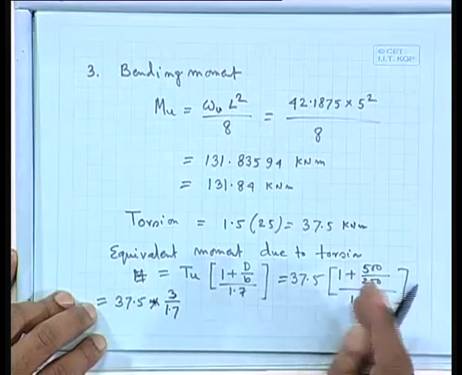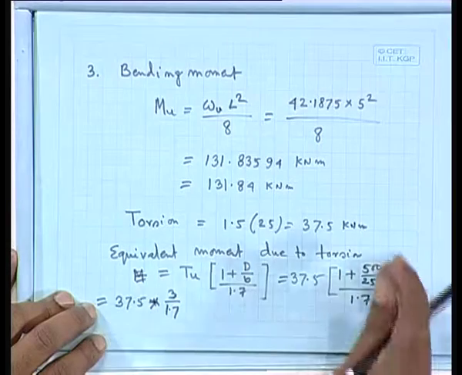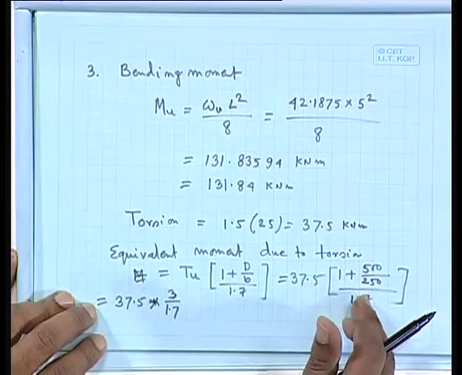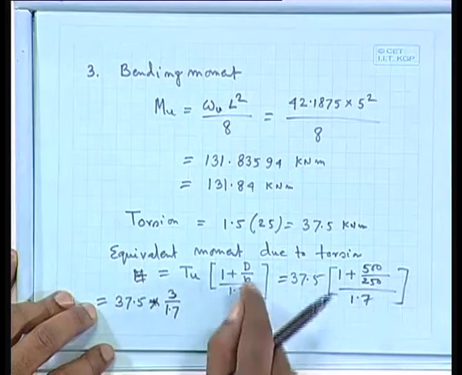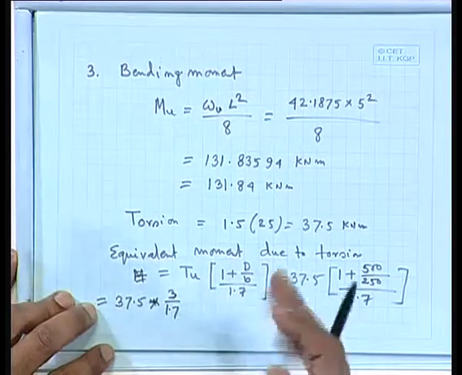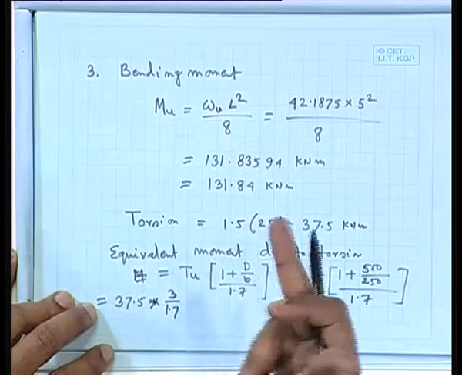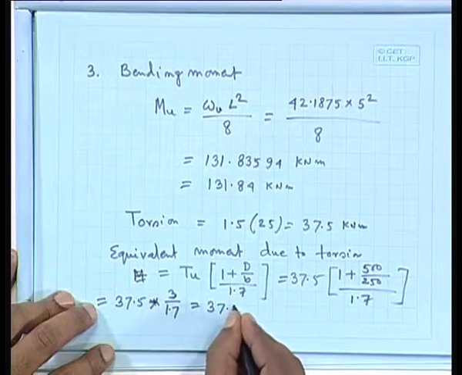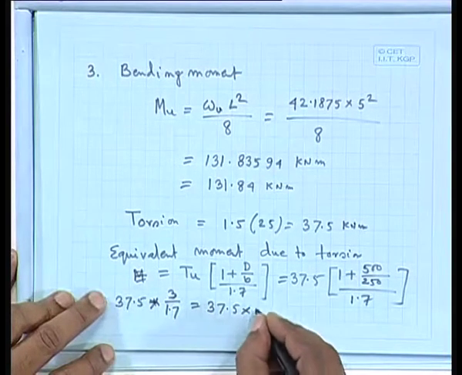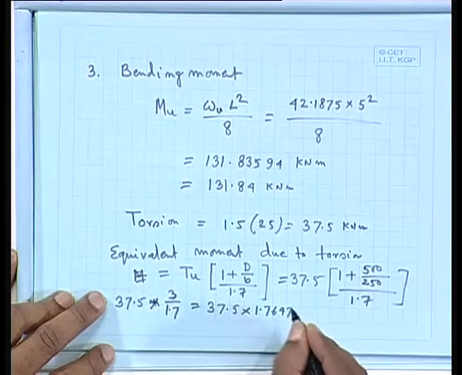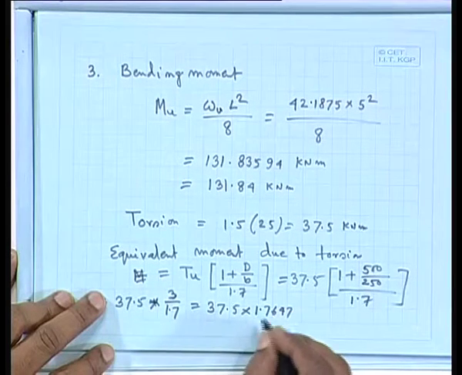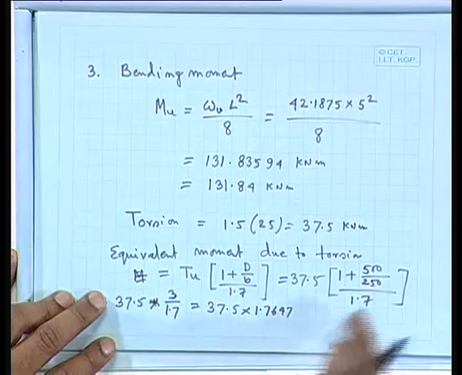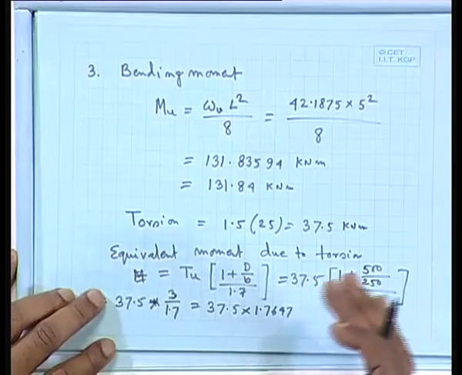What I mean to say is, let us see what the factor is. I can get the whole value directly, but I am not interested in that. I am interested in usual cases. Sometimes you are checking what should be the TU times how much. So here we get 37.5 into 1.7647, that means 76% extra, that means 1.76. From the final value alone you will not get that idea.